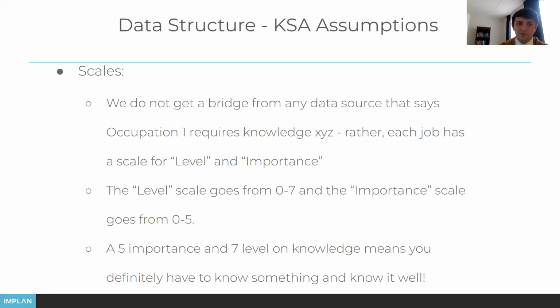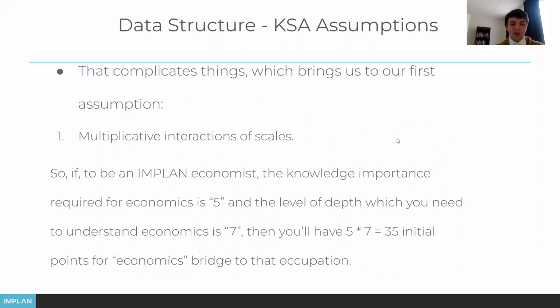In order to convert this to something useful, we use our very first assumption, which is the multiplicative interactions of scales assumption. This was developed by Philip Watson, PhD. To do this, we follow a procedure like so.